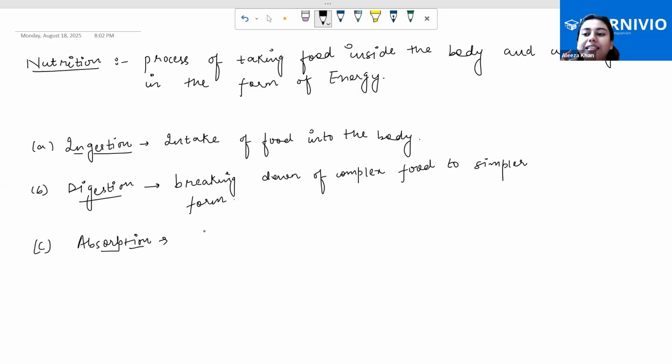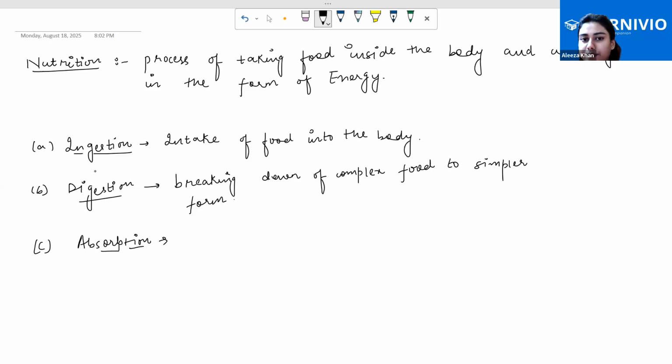Which component is there inside your stomach which breaks down this complex food into simpler one? Which component inside your stomach is responsible for digestion?